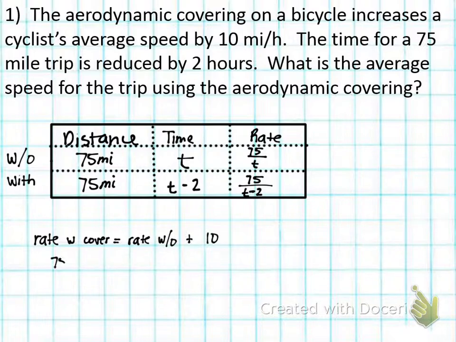So we could write this sentence: rate with the covering is equal to the rate without the covering plus 10. We know this information now, so the rate with the covering is 75 over t minus 2. So now I'm going to write down my equation. 75 over t minus 2 is equal to 75 over t plus 10, okay?